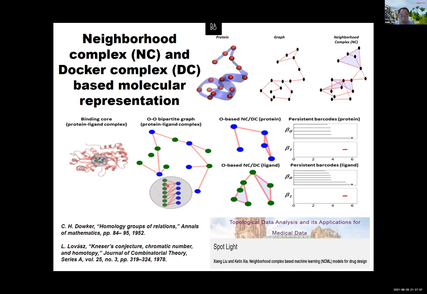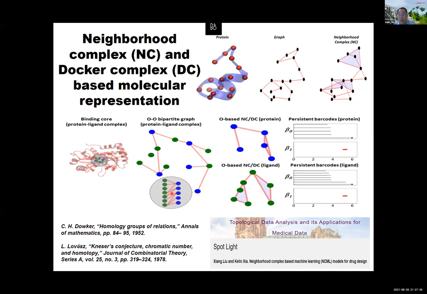So I have this part, the items from the protein, this part, the items from the ligand, and I want to know how they interact with each other. This ends up as a bipartite representation. And what we found is that the neighborhood complex from this bipartite interaction is exactly the Dowker complex for this bipartite graph.